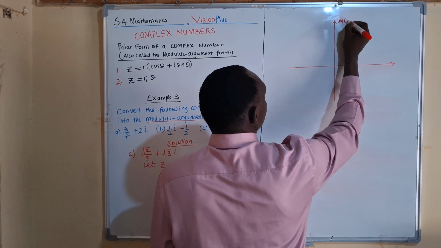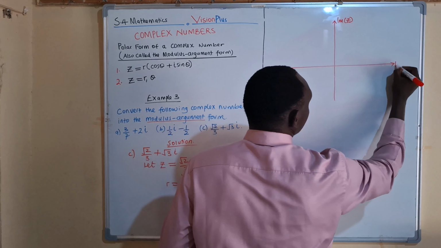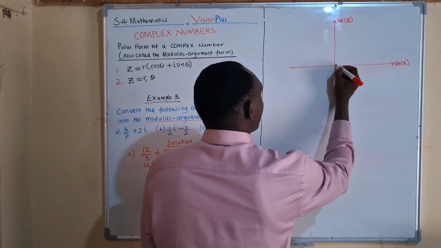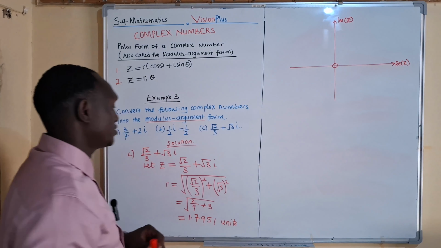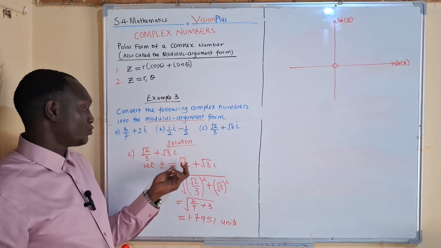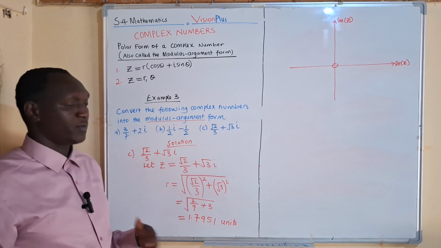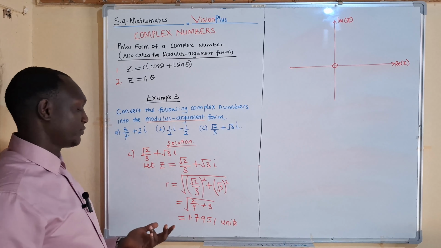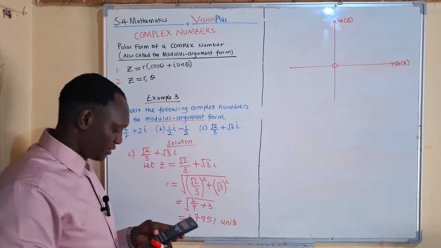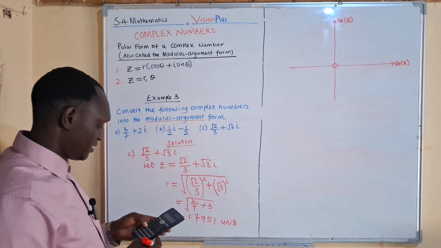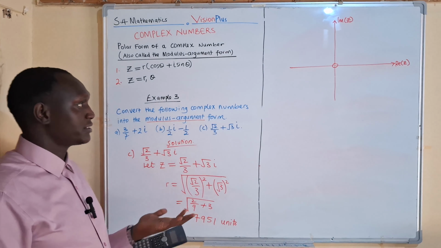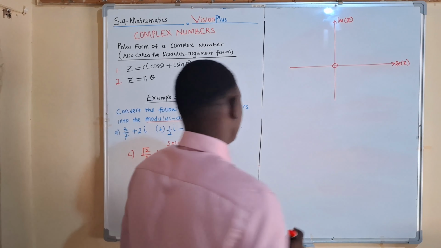This is the imaginary axis of the complex number we are calling z. This is the real axis. That is the origin. Now from here we need to mark root 2 out of 3 and root 3. Which one is bigger? You can simply try on the calculator just to see. Root 3 is 1.7. Root 2 divided by 3 is 0.47. So root 3 is bigger.